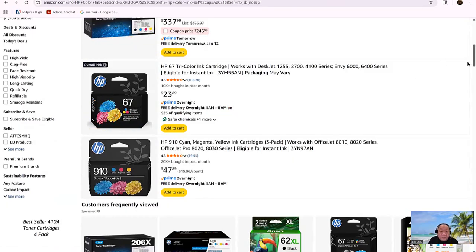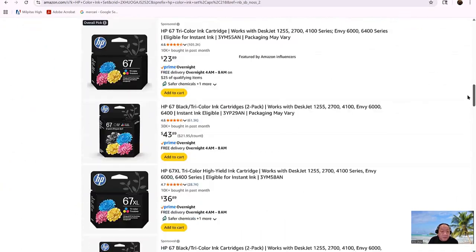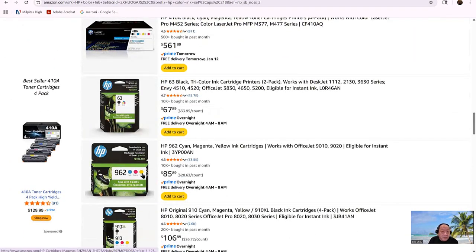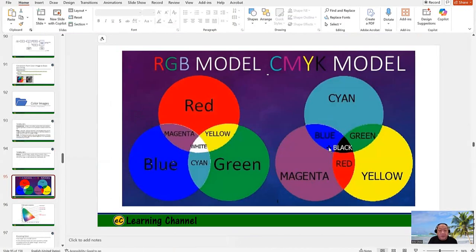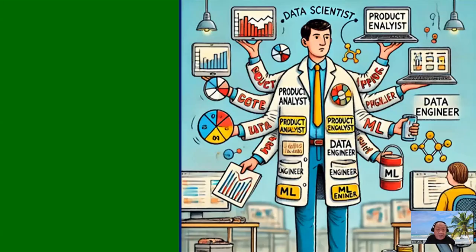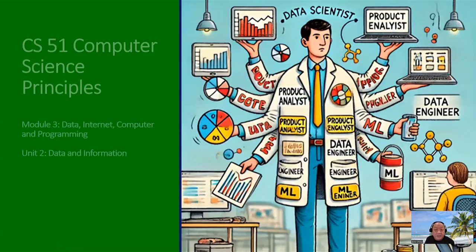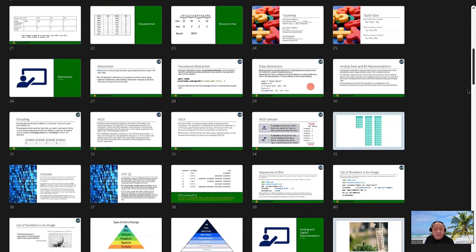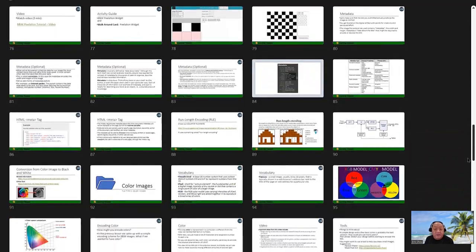When you look at the printer, it is using this. HP printer, everybody uses CMYK for printers. Your monitor, anything like a light bulb using RGB; anything printing with ink on paper usually uses CMYK.